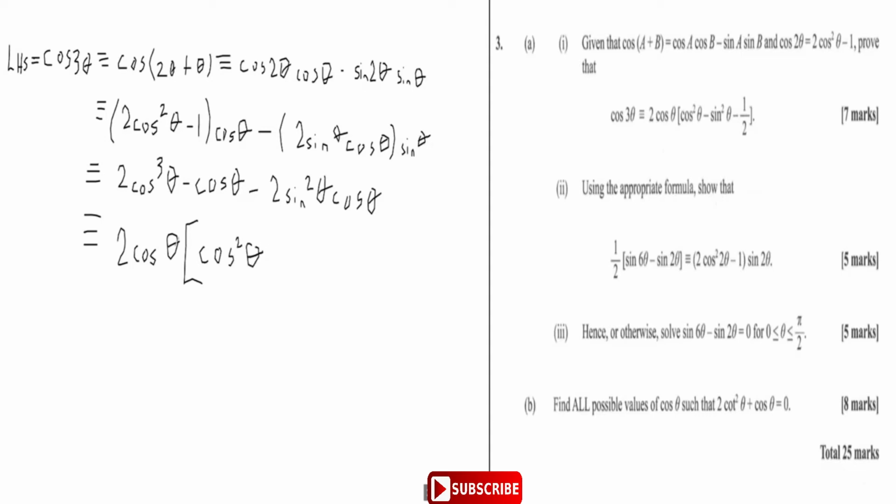If I factor out 2 cos theta from cos theta, that does leave me with minus half. Then if I factor out 2 cos theta from this, that leaves me back with minus sine square theta.